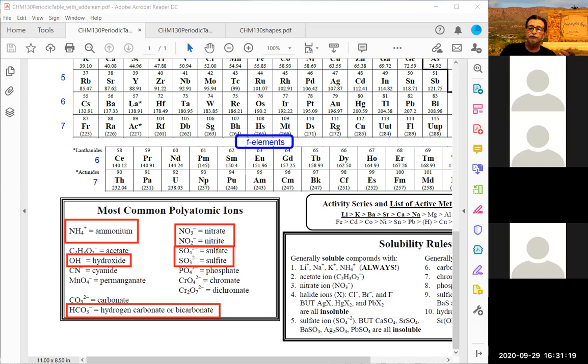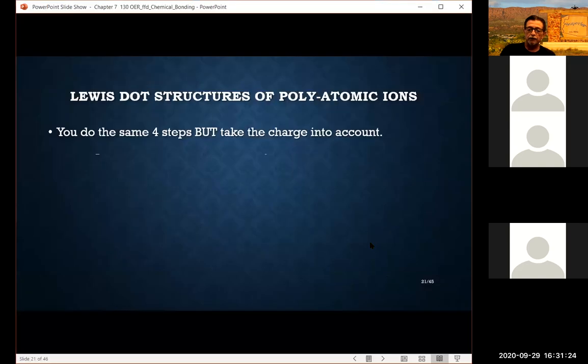So let's go back to that. Same steps. The difference is if the polyatomic ion is an anion, it has a negative charge. You saw that table, there's a whole bunch of negatively charged polyatomic ions. We're going to add a pair of electrons, and the number that we add depends on the charge.